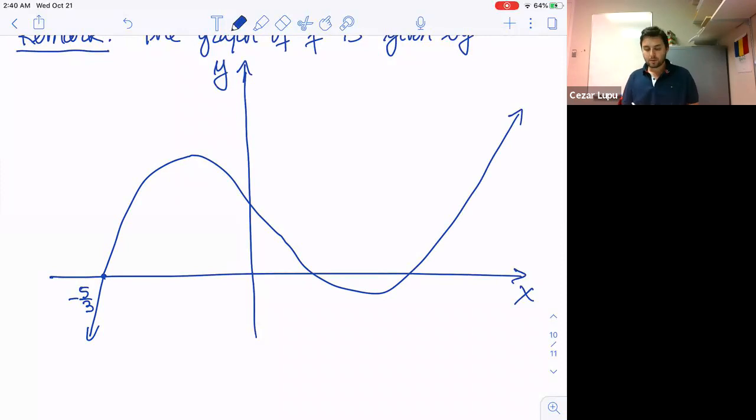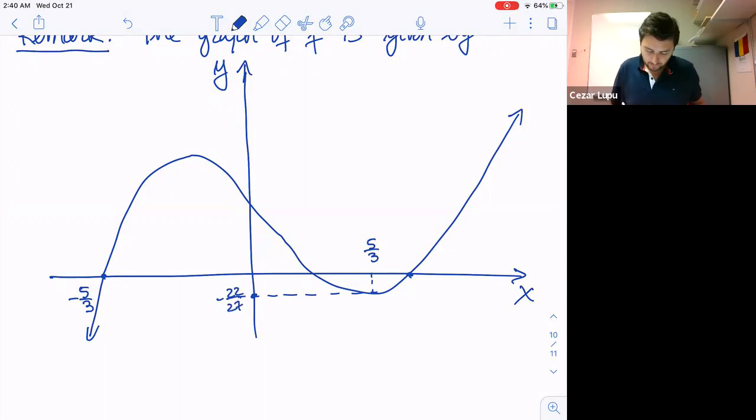Here we have 5 over 3, here we have 2, and here approximately 22 over 27.